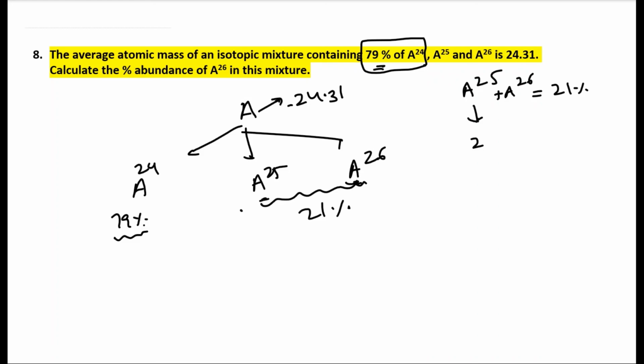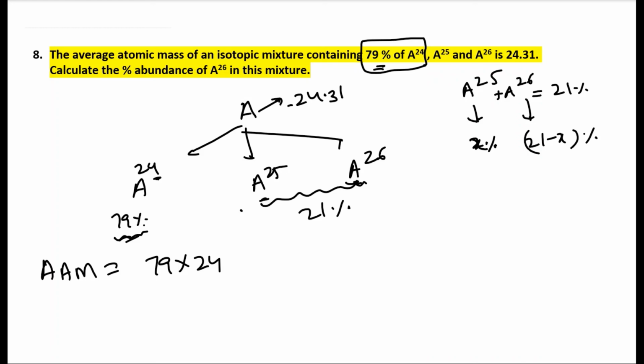Then you get to know the formula. Average atomic mass is equal to percentage abundance into mass, as I already told you. So this is 79 into 24, plus X into 25, plus 21 minus X into 26, by the total, which is 100.